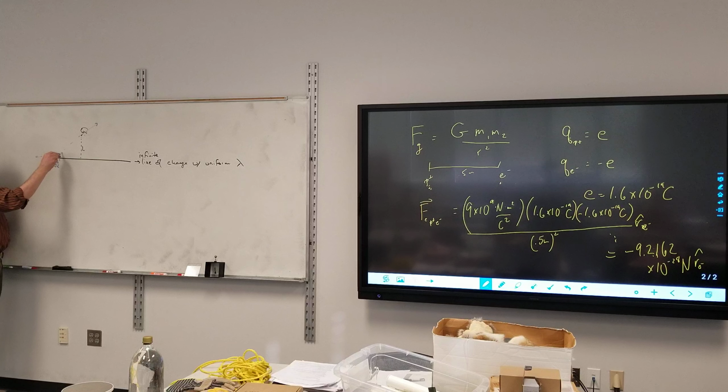This is some angle theta, and I'm going to label that x. So I've got a force that's acting up at an angle there.